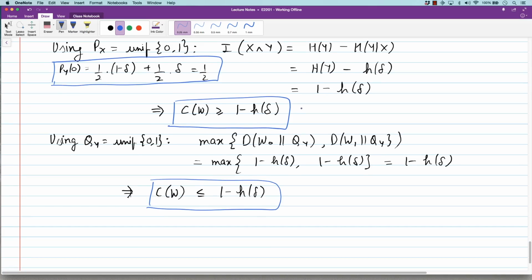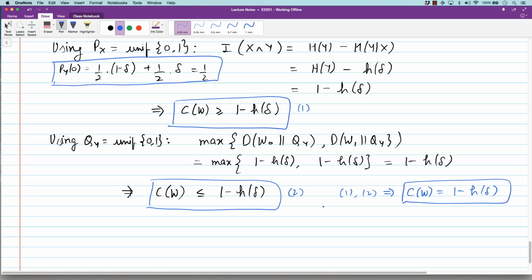So if you combine bound 1 and bound 2, C(W) for the binary symmetric channel is exactly equal to 1 minus h(delta). Okay, so 1 minus h(delta), that's the capacity of the binary symmetric channel.